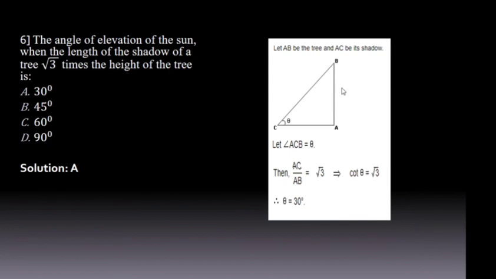So if this length is X, then this will be root 3X. So again, I can write AC upon AB is equal to root 3. Either you can write it in terms of cot or tan, and you will get theta is equal to 30 degree.